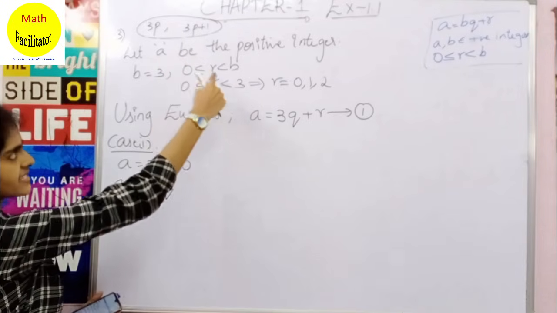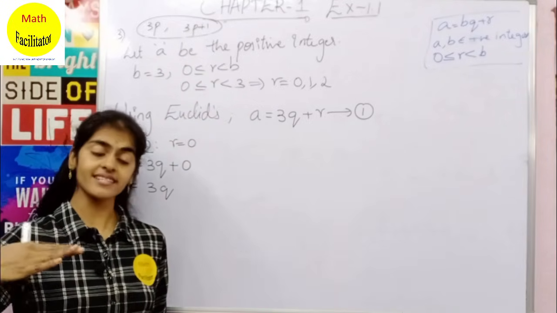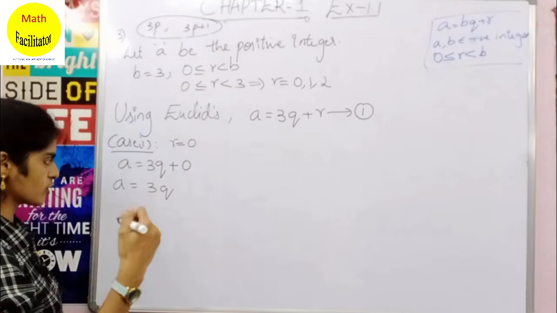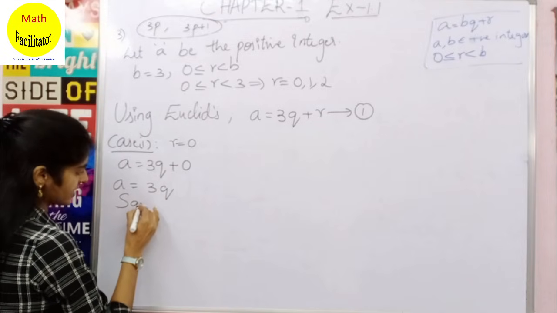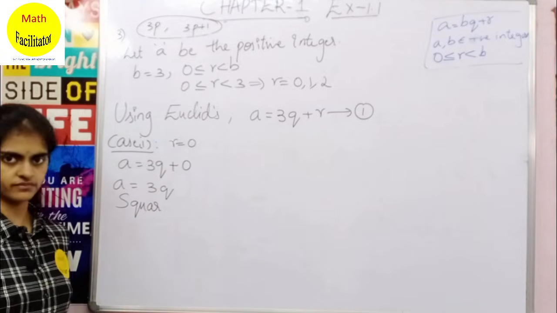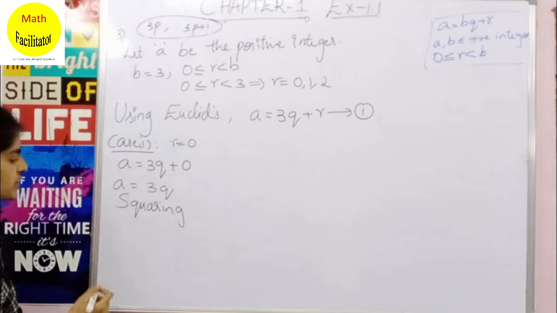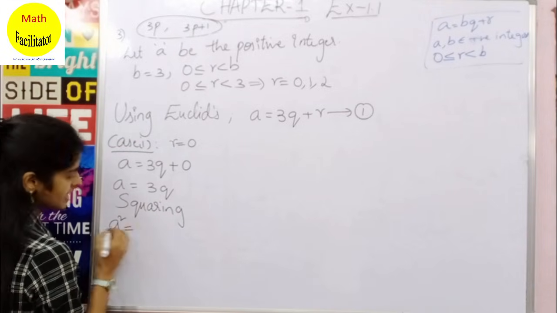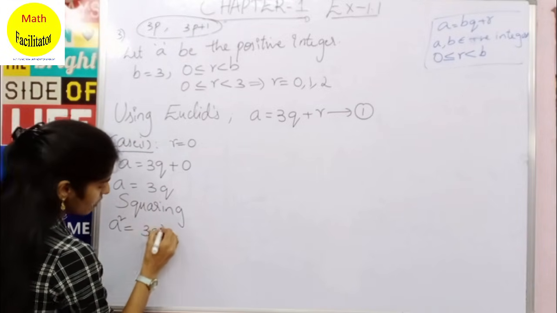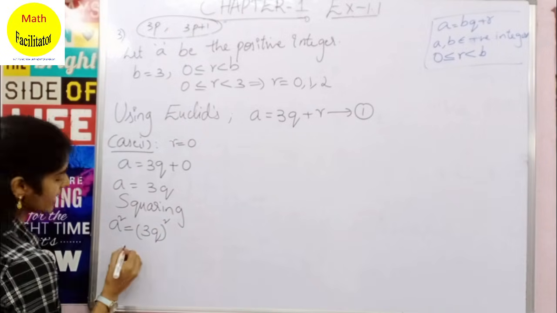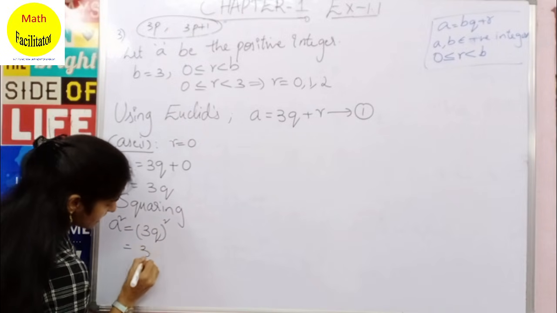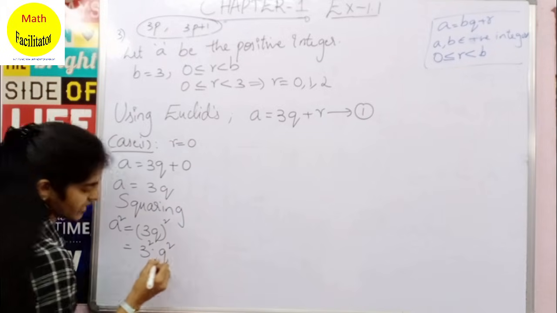So a is the positive integer, but you want its square. To prove the square, you will square both sides. So squaring both sides, you will get a square is equal to (3q) whole square.